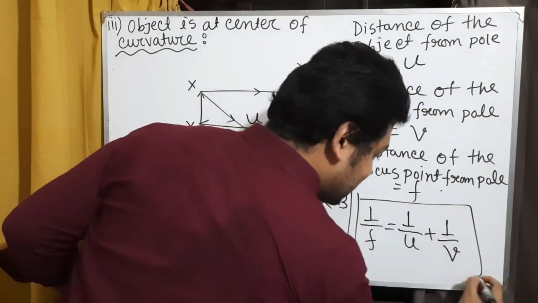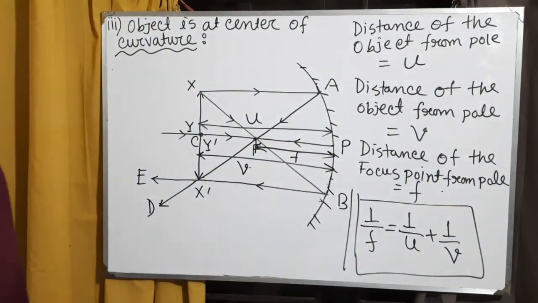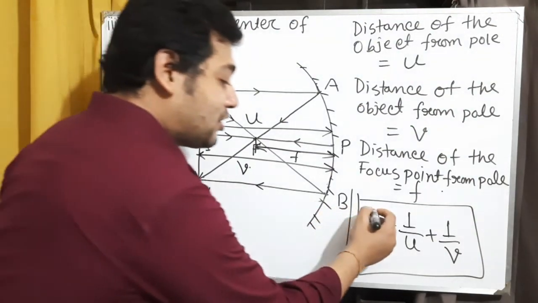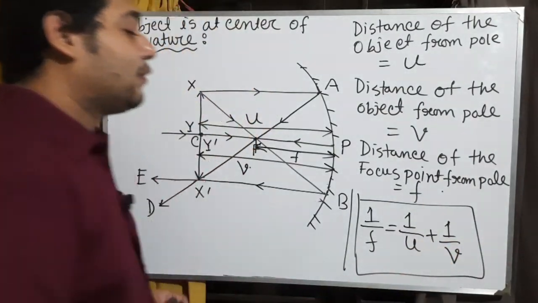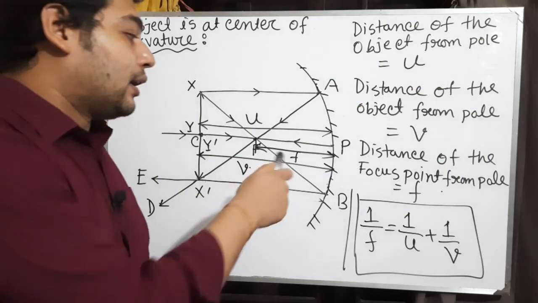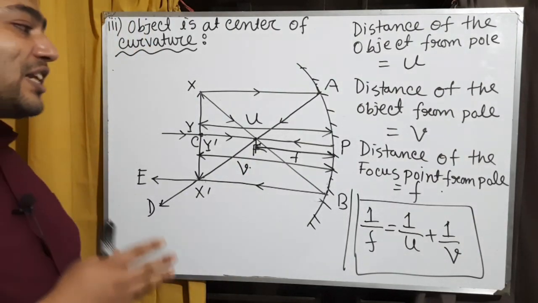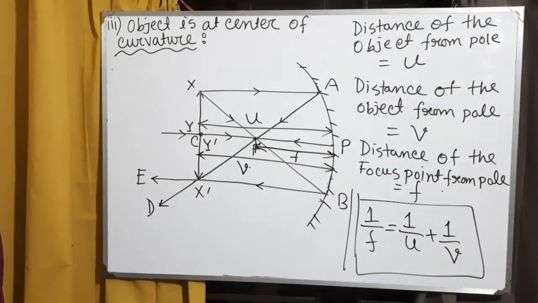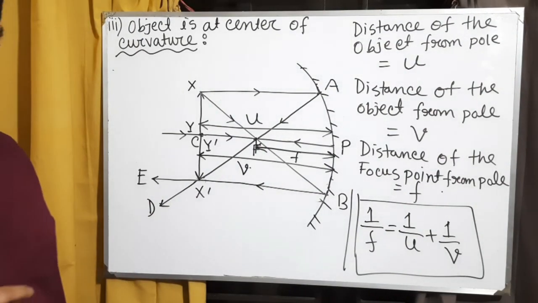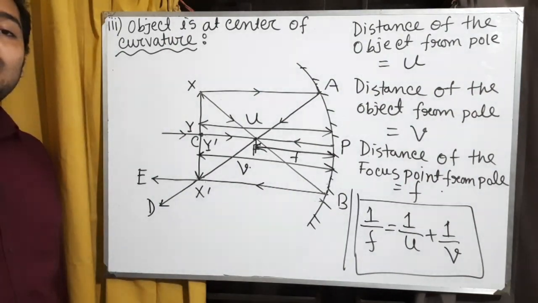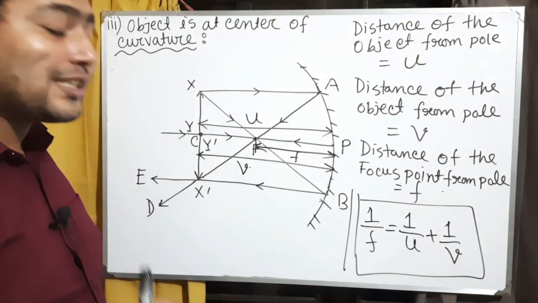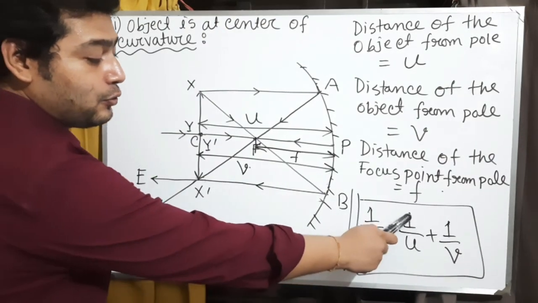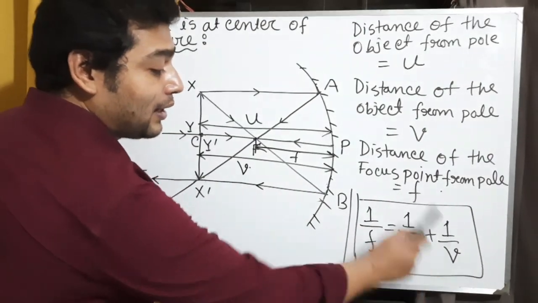This is one of the most important formulas in this chapter. The relation among the focal distance, the distance of the object and the distance of the image is 1 by f equals 1 by u plus 1 by v.